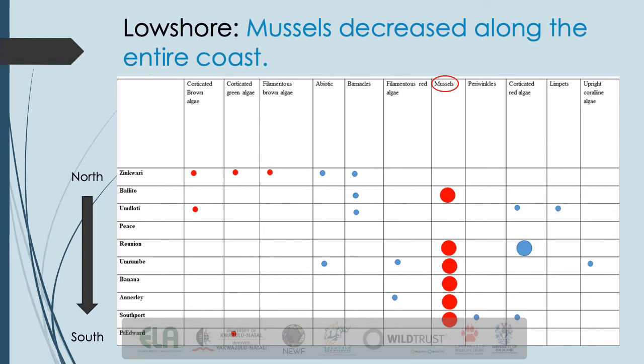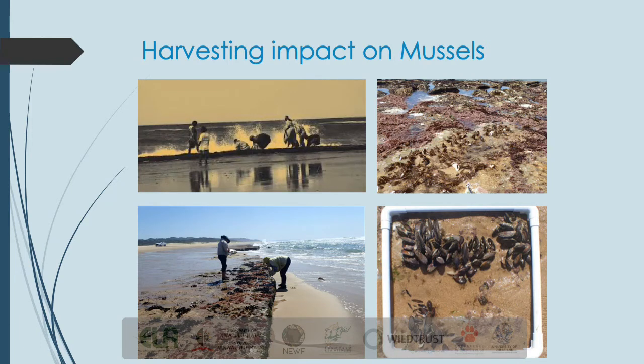Now the question that we had was, what was causing the decreases in mussel biomass? What we found is that there is a lot of harvesting on the KwaZulu-Natal coastline, since some of the coastal communities still depend on shore resources for their sustenance. In the top picture, there is a picture of the Mapelane site, where harvesting usually happens every season.